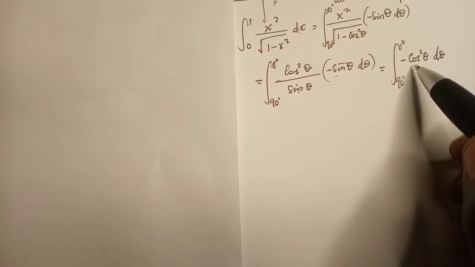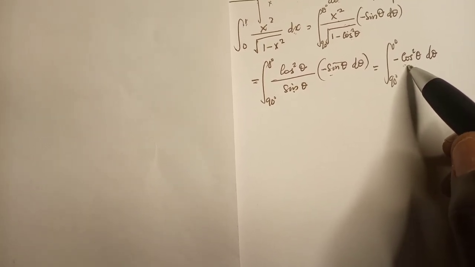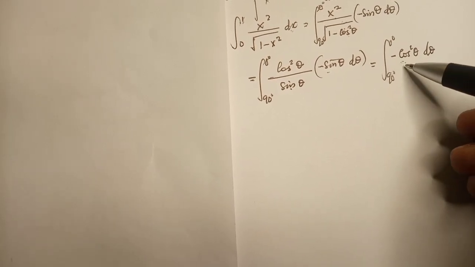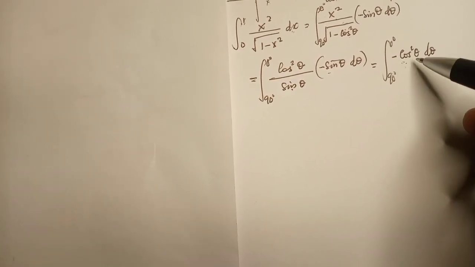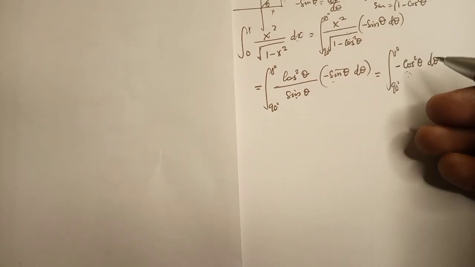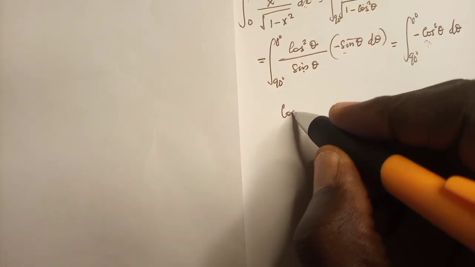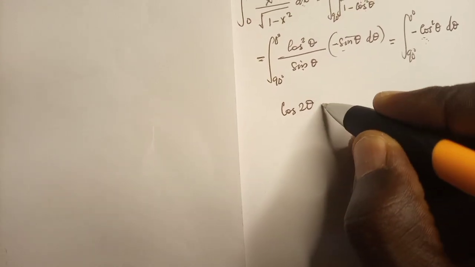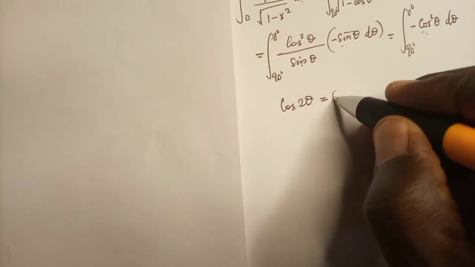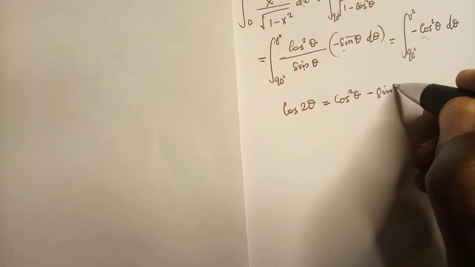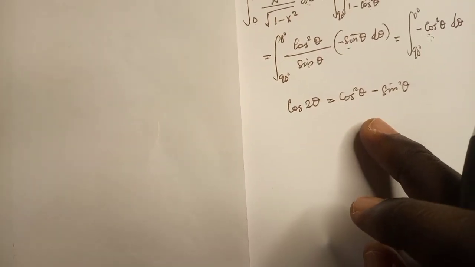Now to solve this one, we can't integrate it straight away unless we apply the trig identity as well. Remember that cos 2 theta equals cos square theta minus sine square theta from the cos identity.